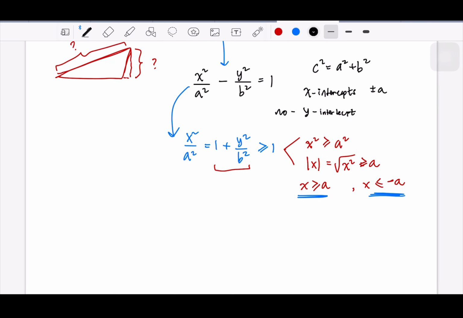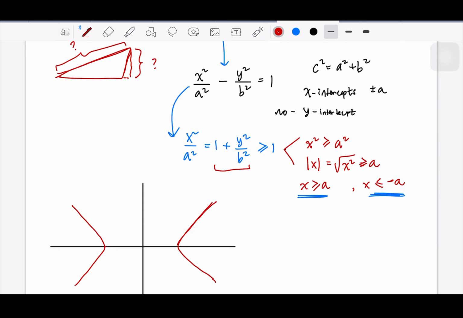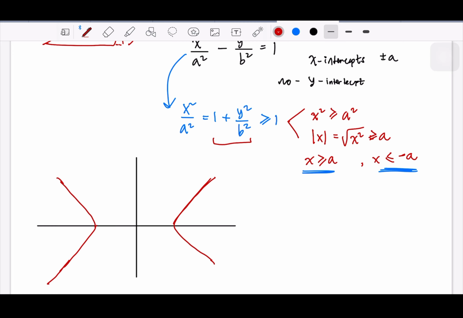Okay, so if we draw the hyperbola, there is another set of parameters that we can also use to make sure that our hyperbola is drawn correctly.